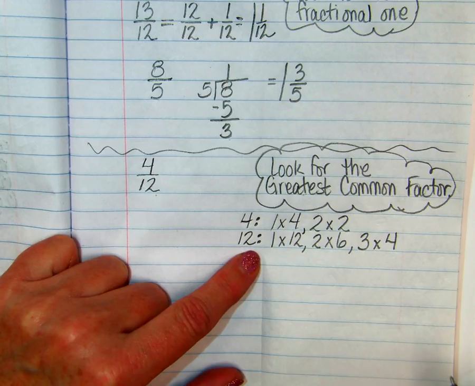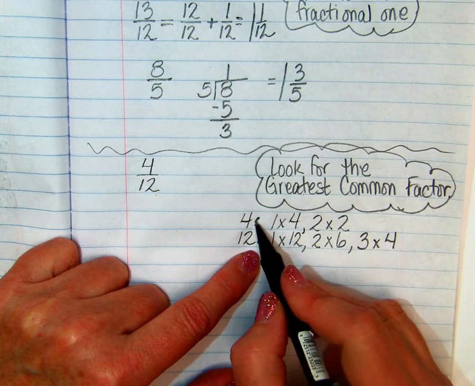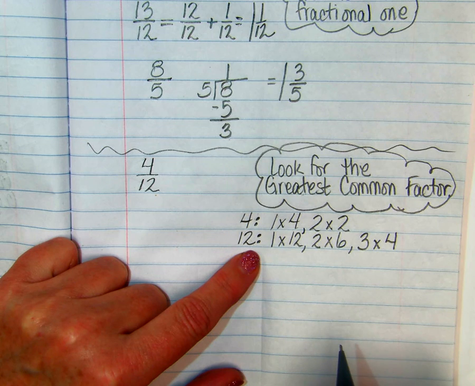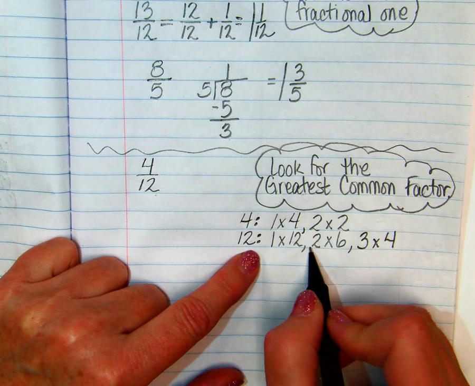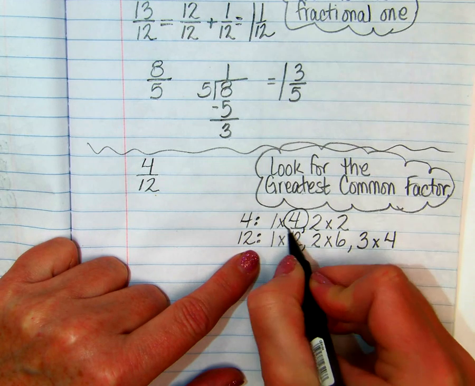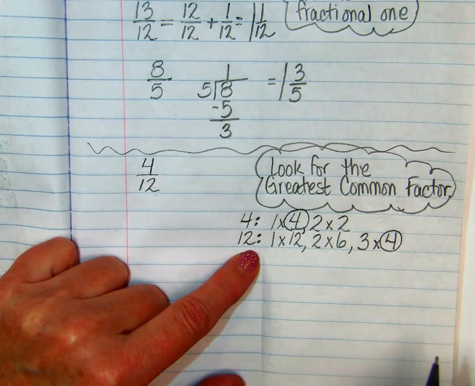So looking at the factors, we have to have the same factor for both, but which is the greatest? I know 2 is in both. See it? Yes. 4. 4 is the greatest common factor.